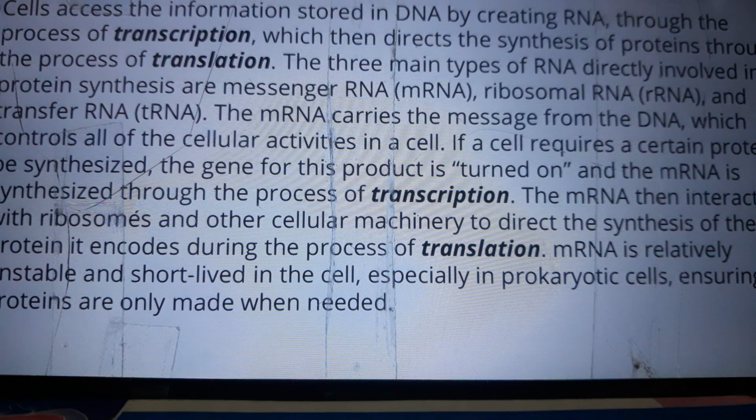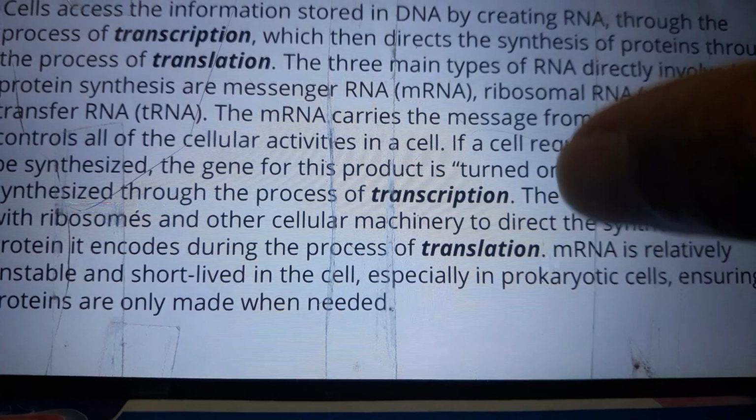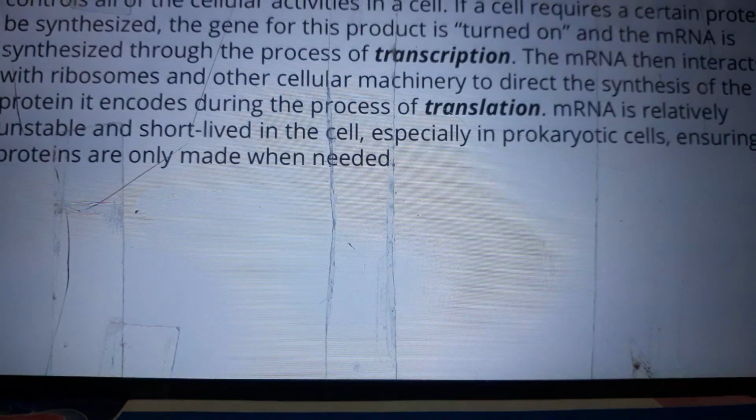If a cell requires a certain protein be synthesized, the gene for this product is turned on and the mRNA is synthesized through the process of transcription. The mRNA then interacts with ribosomes and other cellular machinery to direct the synthesis of the protein it encodes during the process of translation. mRNA is relatively unstable and short-lived in the cell, especially in prokaryotic cells, ensuring the proteins are only made when needed.